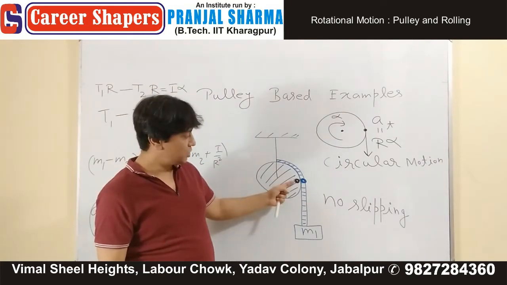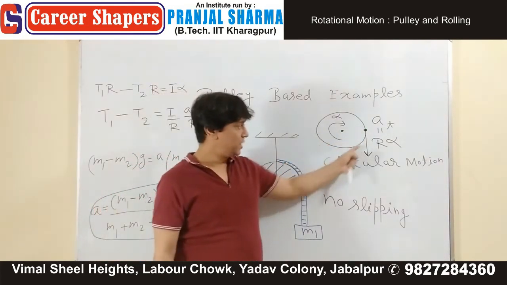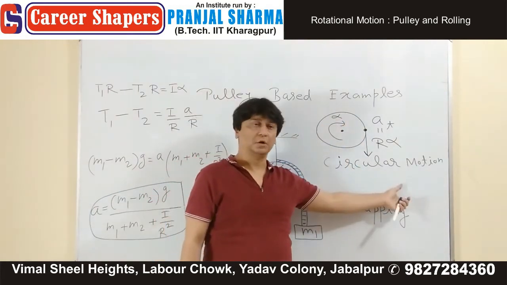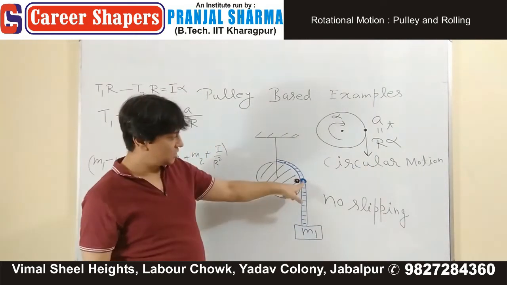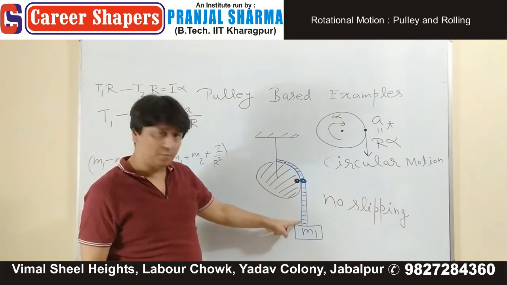We have the acceleration of the black point because it is doing circular motion. So its tangential acceleration is R alpha. We have the acceleration of the blue point. This blue point is part of the rope.